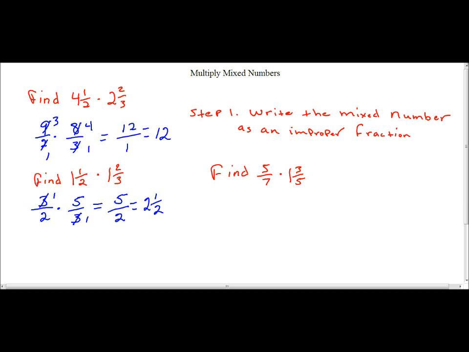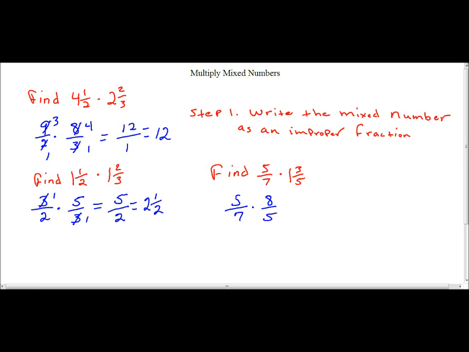Okay, so again, this is already in fraction form, so we're not going to do anything but write it. So that's 5 over 7 times, again, denominator times whole number. 5 times 1 is 5, plus 3 will give us our numerator of 8, and that's over 5.